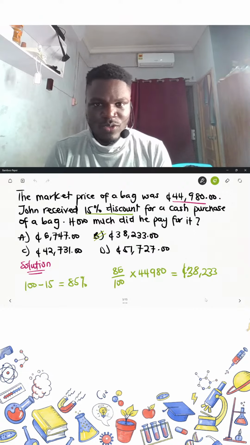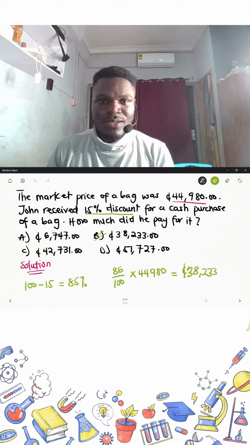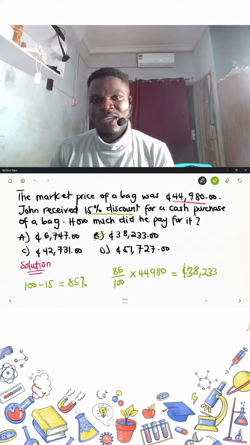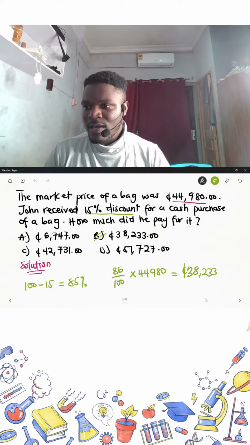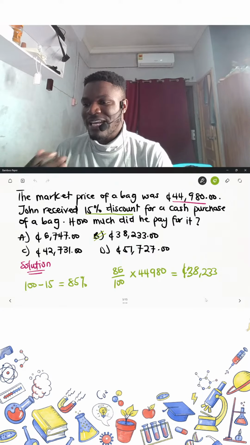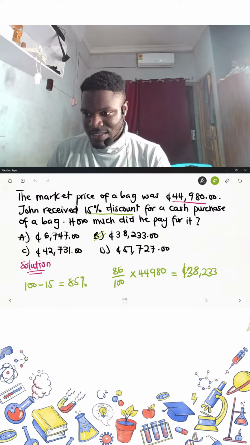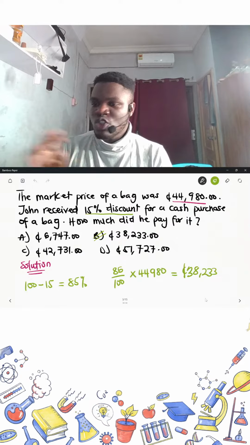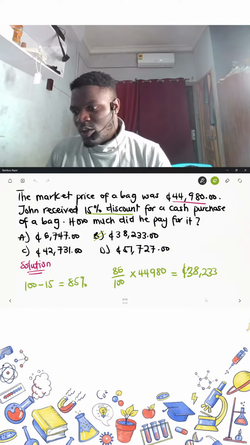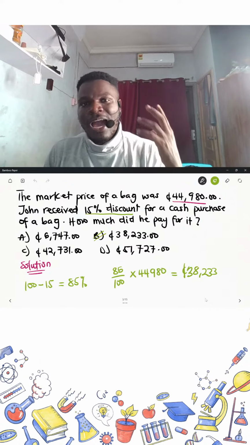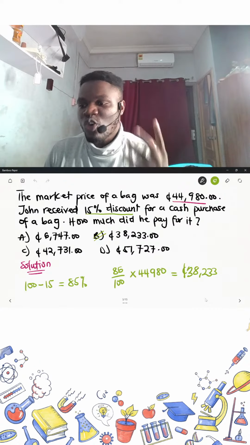But let's continue. What we were saying was that initially the question was saying that the market price for a bag was 44,980,000 Ghana cedis. Are we okay? And then John, who went to buy the bag, was given a 15% discount. So the question is demanding how much did John pay?